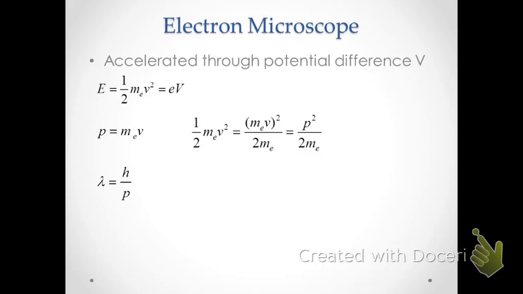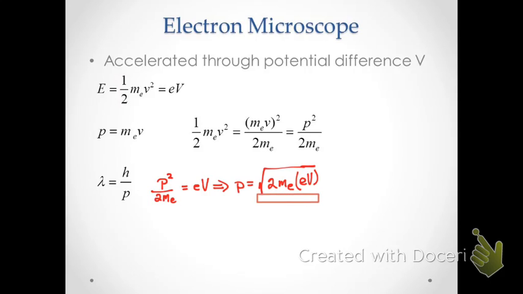We also know that the wavelength of the particle is h over p. And again, since p squared over 2m is equal to the energy, that's equal to eV, we can solve for the momentum as being equal to the square root of 2m times eV.